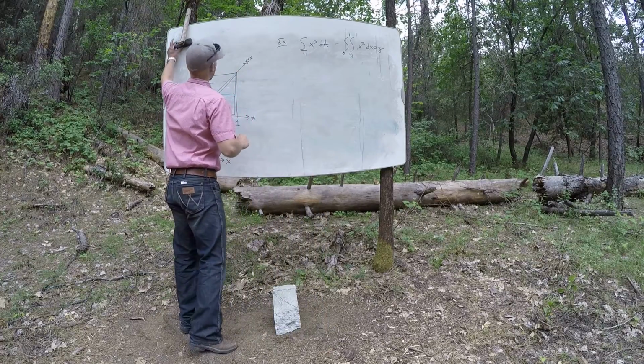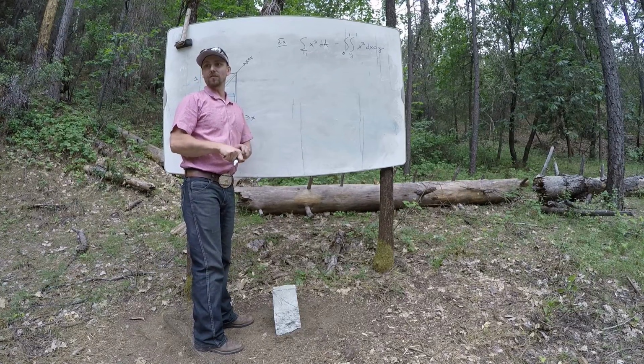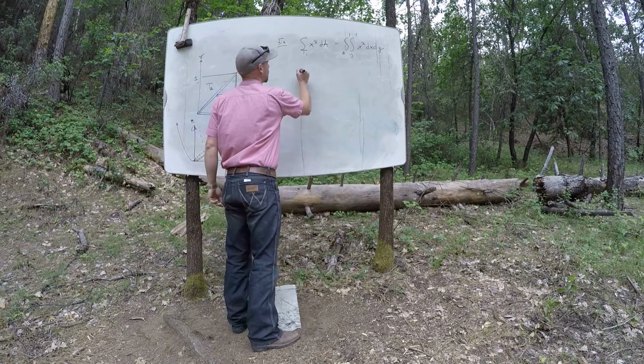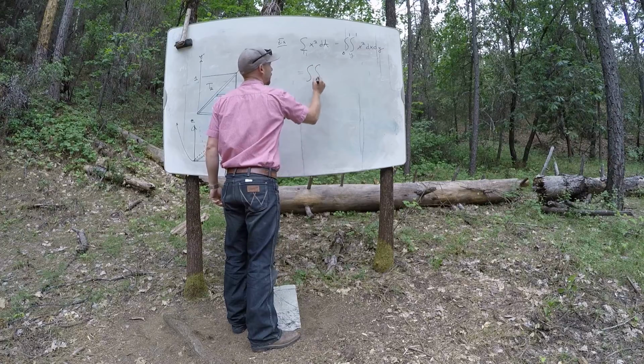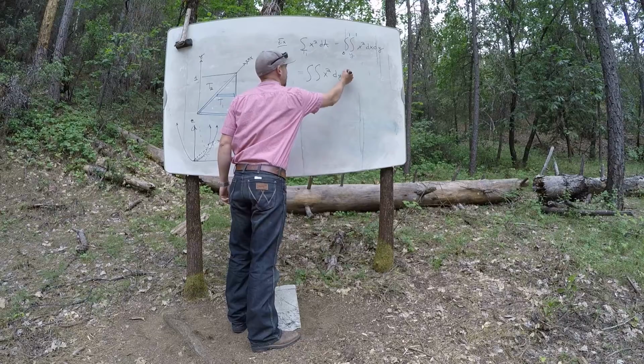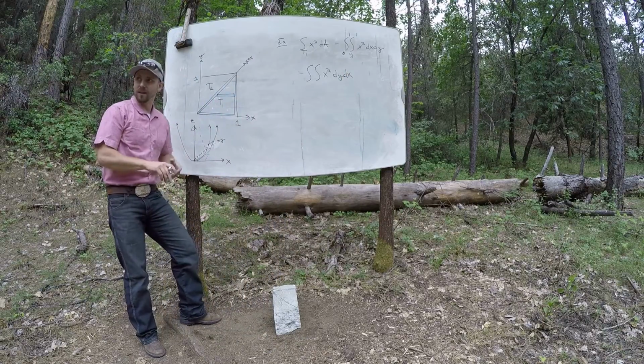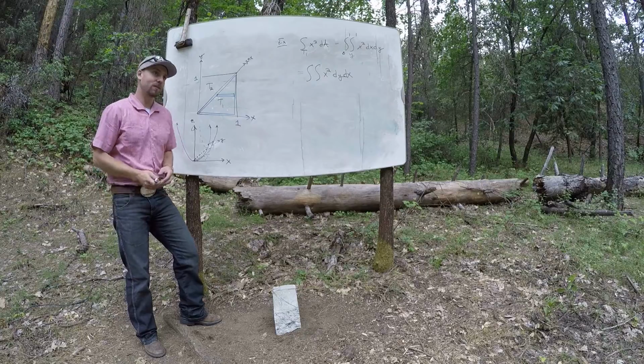Right, I said it didn't matter, so we should be able to switch them. So this should be the integral of something, and something, of x squared dy dx. And now we're figuring out T2. Hang on, let me do this. This will make it easier to watch.